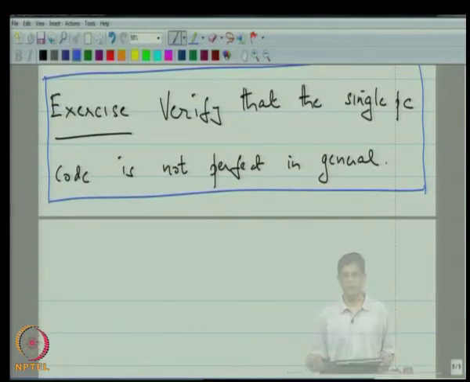Are there any other perfect codes? The situation when we were talking about MDS codes, I pointed out that the news is in some sense bad news, because the only known MDS codes are the trivial codes, which are either the repetition code or the single parity check code. In the case of perfect codes, however, the news is a little bit better.